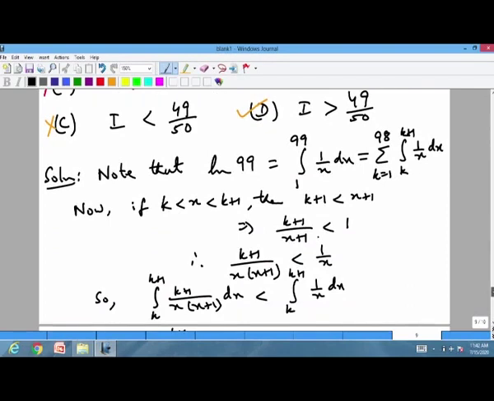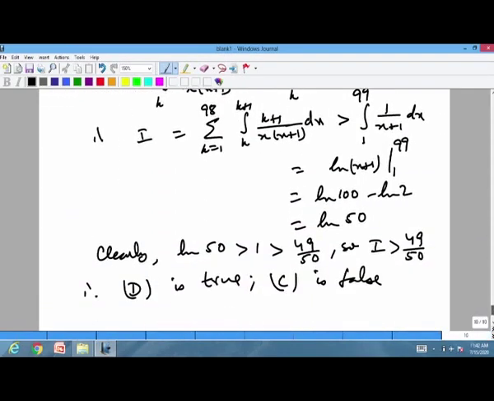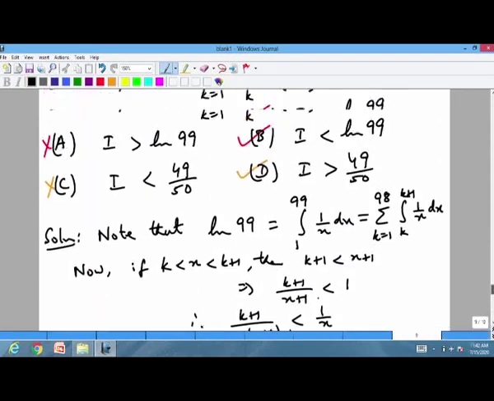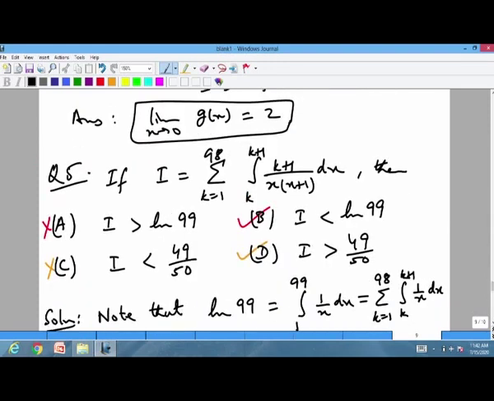So, in fact, if you see, we have proved that I is bigger than natural log of 50, which is much bigger than this number given 49/50. So, you might wonder how to get this number 49/50. So, if you see, we have summation from 1 to 98. So, this 49/50 is nothing but 98/100.